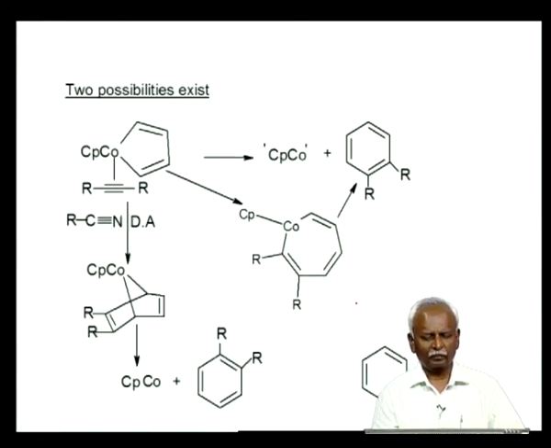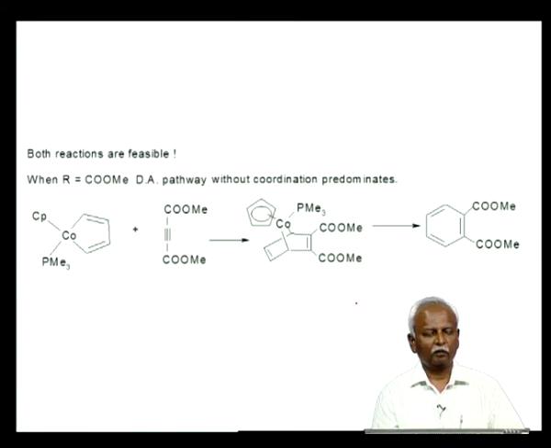Although there are two possibilities, and these two possibilities can be distinguished, one can bias it, and the way one can study this is by treating it with a molecule which will undergo Diels-Alder reaction very readily.